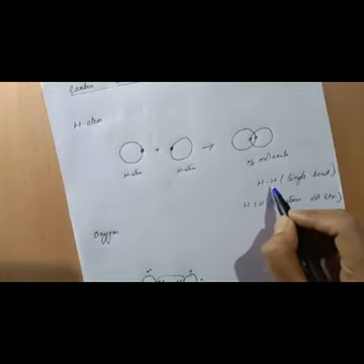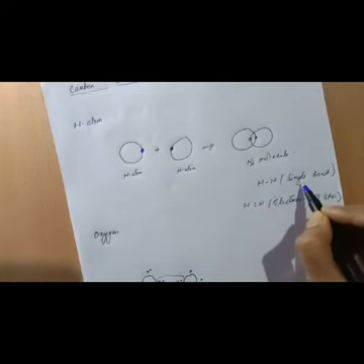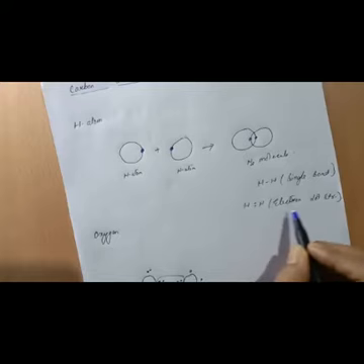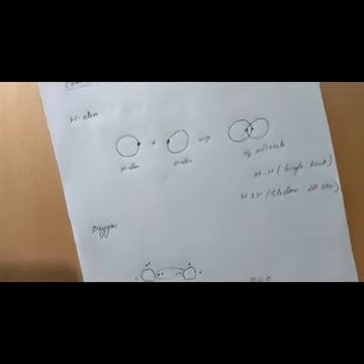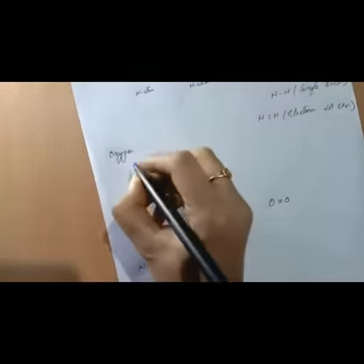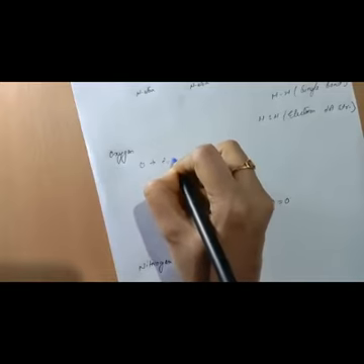This hydrogen molecule is also represented by a single bond or by an electron dot structure. If we see the case of oxygen, the electronic configuration of oxygen is 2,6.